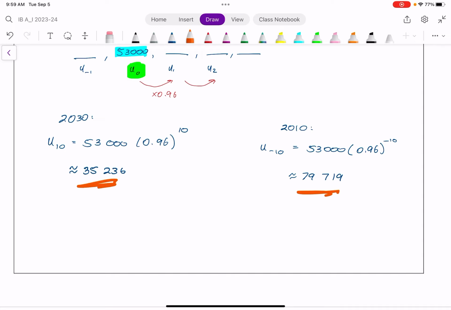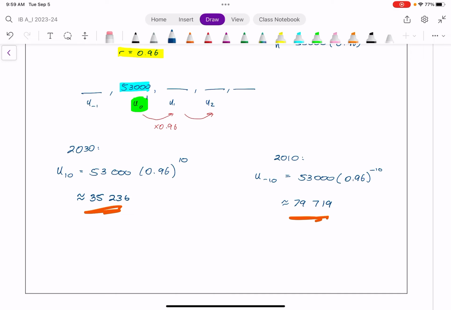Keep in mind, if I decided to call this term 1 instead of term 0, then everything would be similar, except this would actually be term 11 in the end, and this would be term negative 9, which is less obvious, I think, it's a matter of opinion, about where those numbers came from compared to starting at 0, where 10 years in the future is 10, 10 years in the past is negative 10.